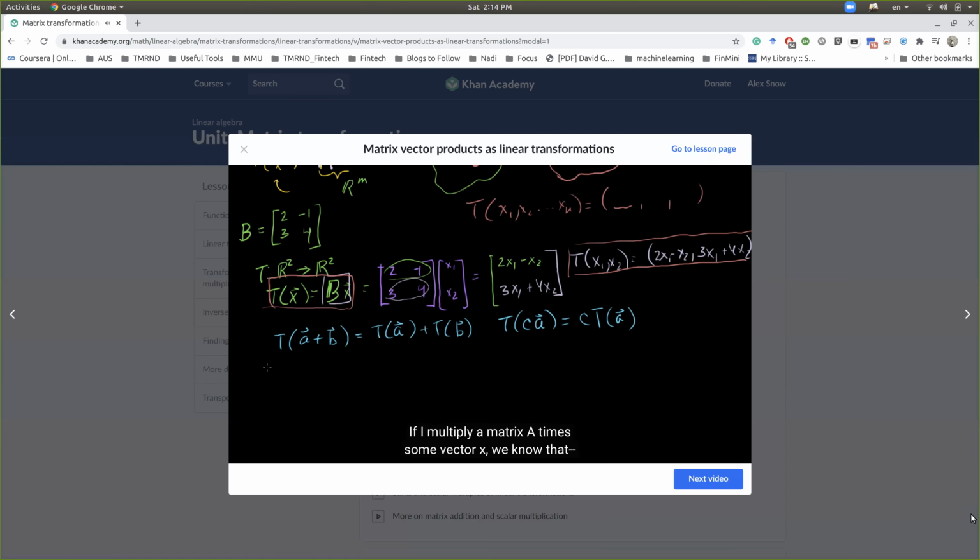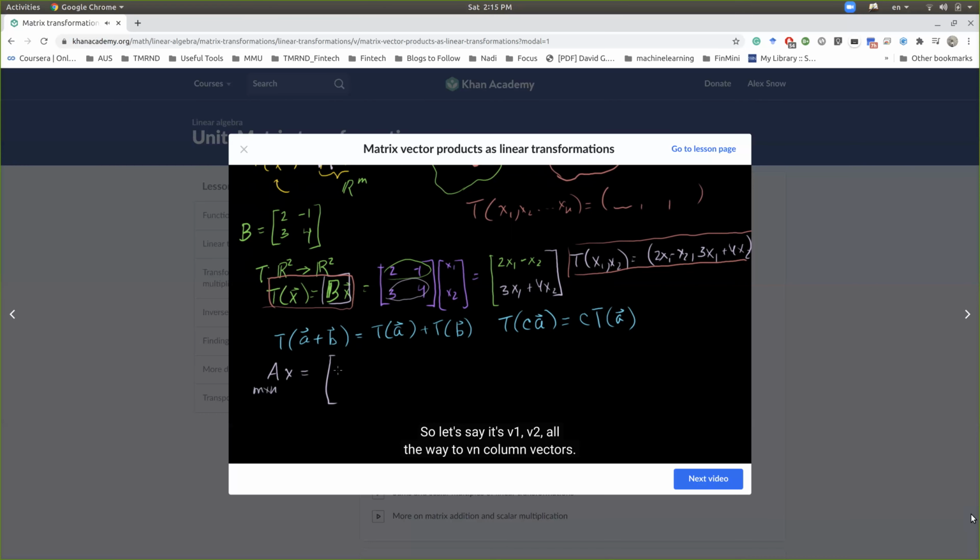If I multiply a matrix A times some vector X, let me write it this way. Let's say this is an m by n matrix. We can write any matrix as just a series of column vectors. So this guy could have n column vectors.